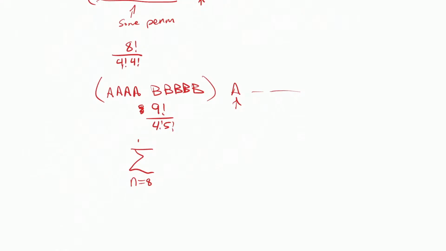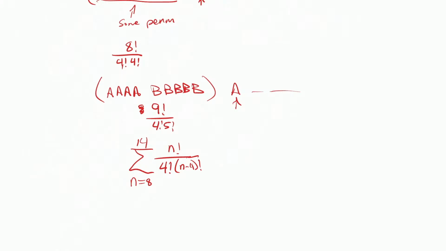It goes from 8 to 14 of n factorial over 4 factorial times n minus 4 factorial. Is that what this is going to be? That would be the number of permutations in which an A is pivotal. And then the rest of them, of course, a B will be pivotal.